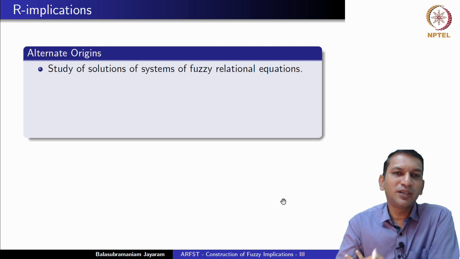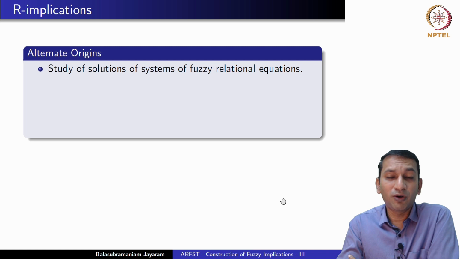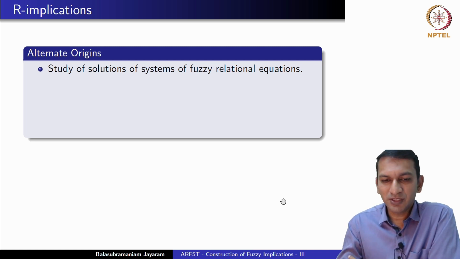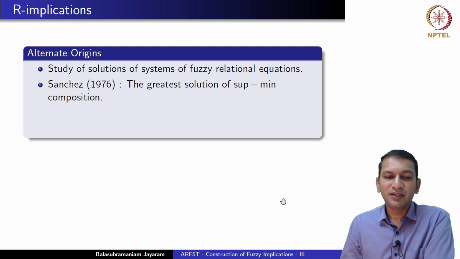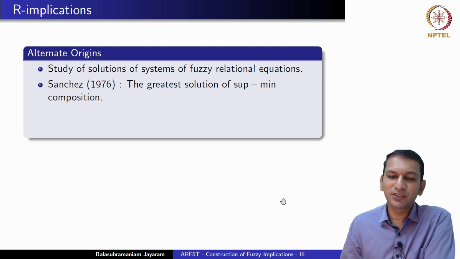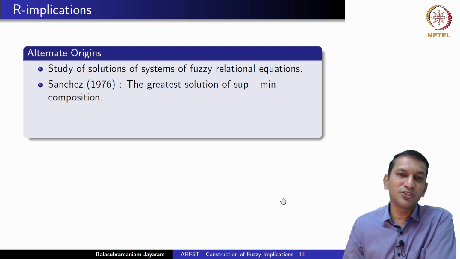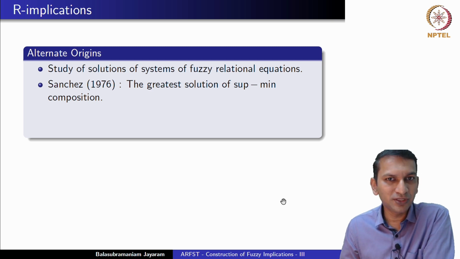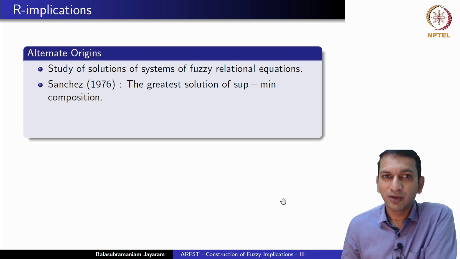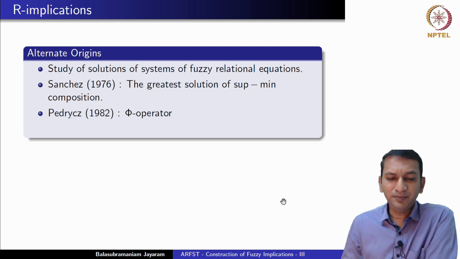It is sufficient to know that R implications have also had their origins in the study of such systems. In fact, Sanchez, way back in 1976, showed that it is essentially the greatest solution of the Sup-T composition. That is where an R implication will raise its head.